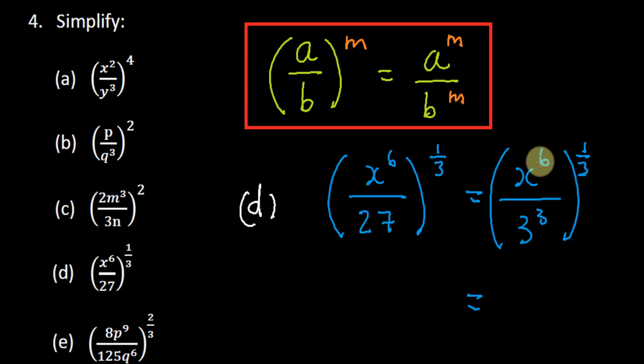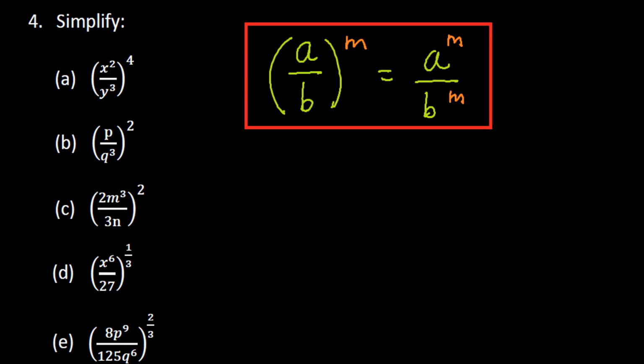We can multiply the power of the numerator by the power outside the bracket. So x to the power of 6 times a third, and of course 6 times a third is 2, so x squared. 3 to the power 3 times a third, so 3, the power here, times a third is 1. So it's 3 to the power 1, or just 3.